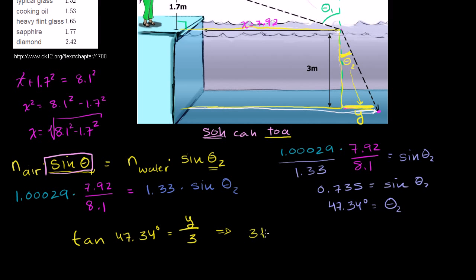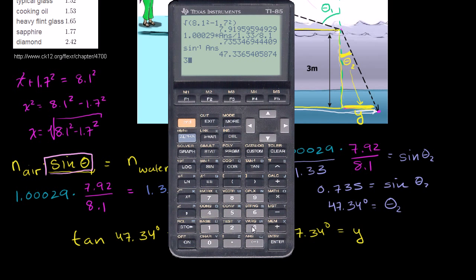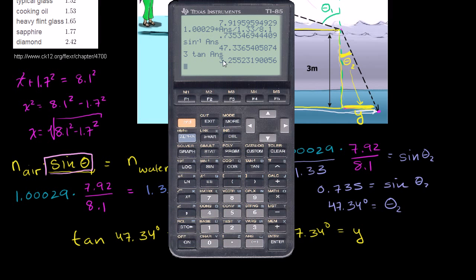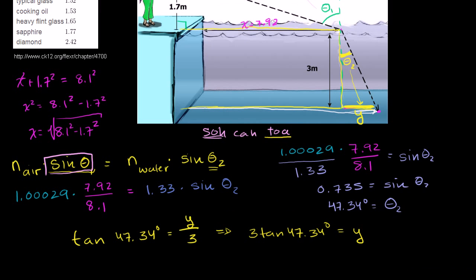You get 3 times the tangent of 47.34 degrees is equal to y. Let's get the calculator out. So 3 times the tangent of that 47.34 degrees, I'll use the exact answer, is 3.255.